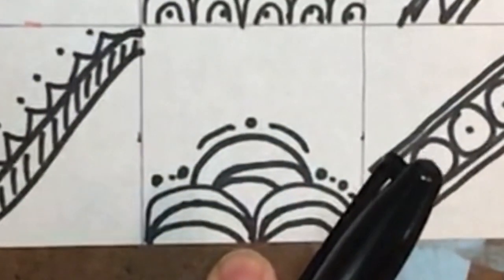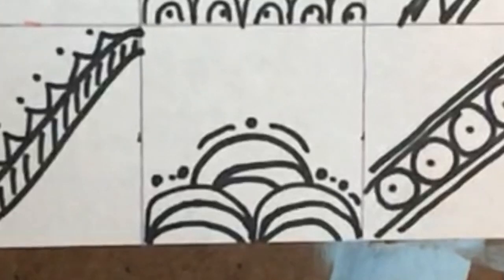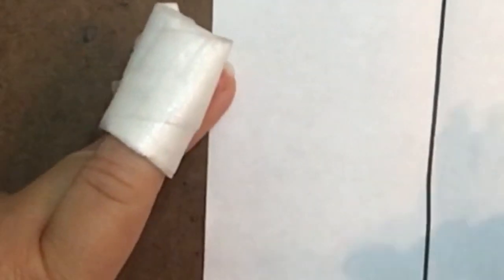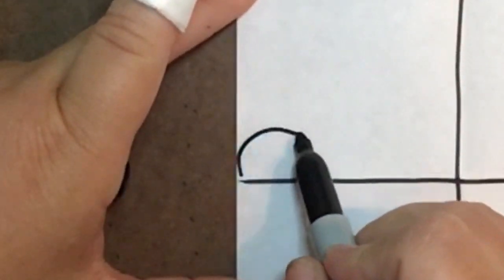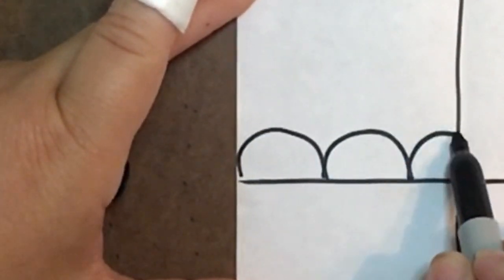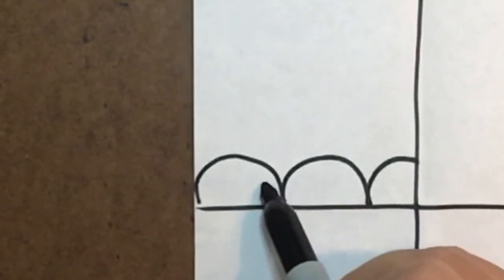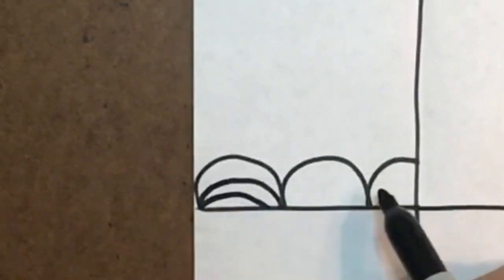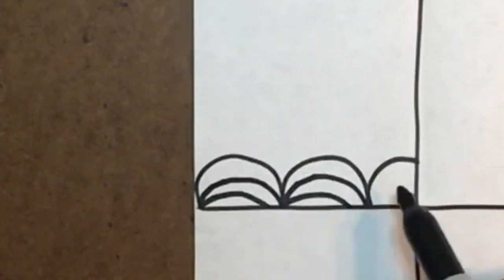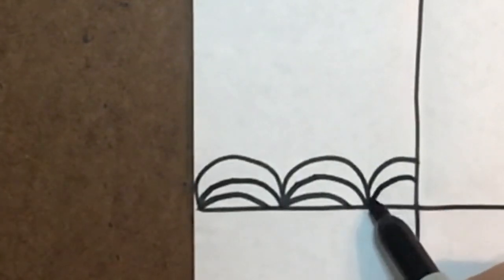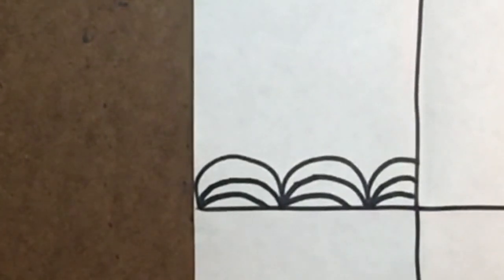This one is one of my favorites at the moment. This one is done by using the bumps. Let me go here. And then inside of each one, I went over and then over and then back. And pretend I'm not going to go outside the lines.